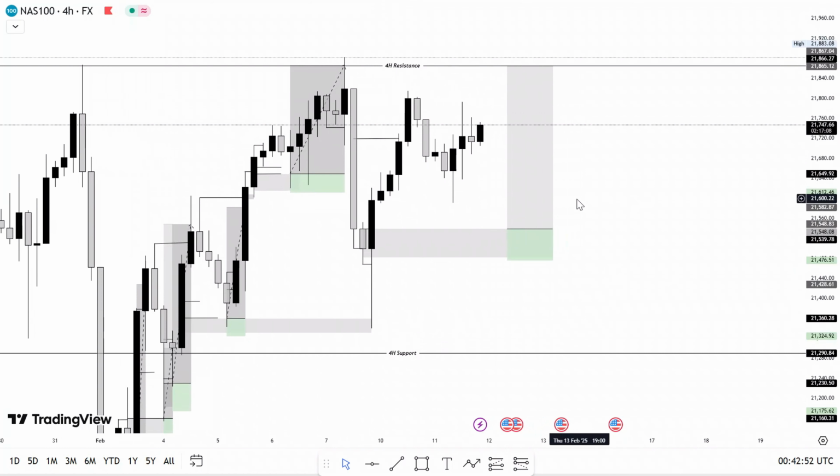But before I go down to the lower time frame, let me give you a very quick tip to know if the market is going to come down to your level or go up to your particular level, which means if you are looking for a sell.